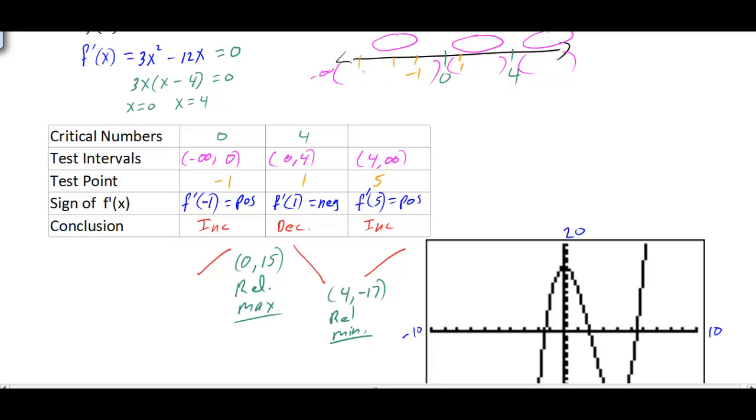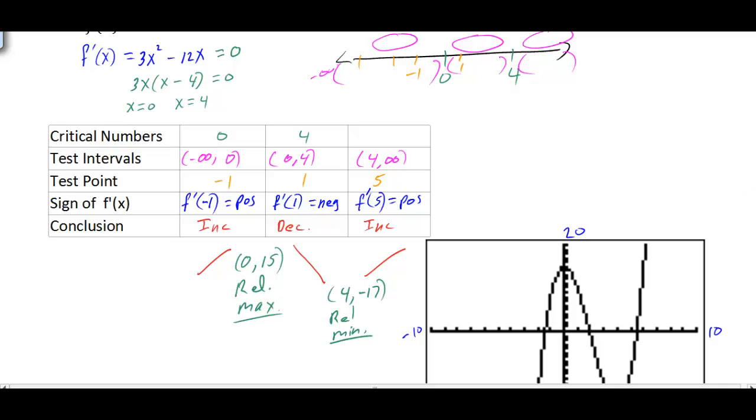And if you plug any number in this interval, it's going to give you a positive slope. So therefore the graph is increasing. And that's because our critical numbers tell us where our graph could possibly change directions. So that's why if we have these two critical numbers of 0 and 4, we only need to test a number in each of these 3 intervals.